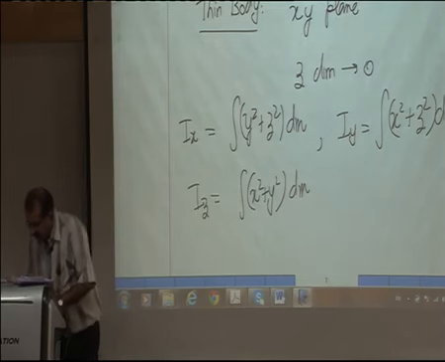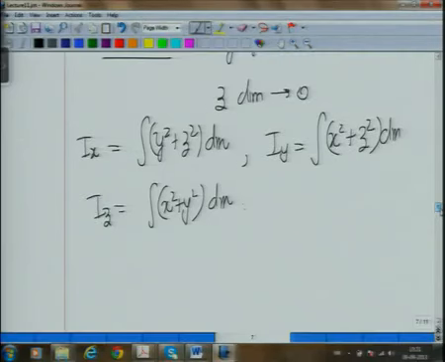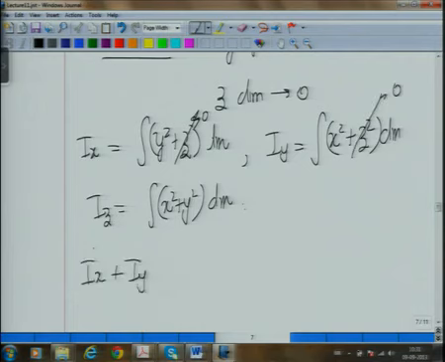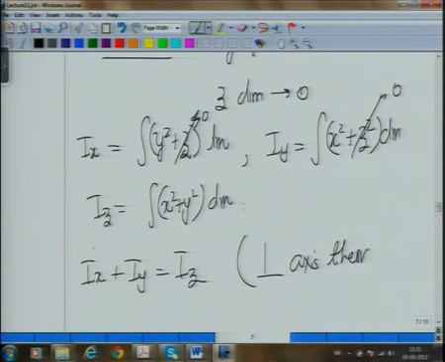So, now here this will go to 0, this will go to 0. So, we have Ix plus Iy, and this is what textbooks, at least in high school physics books, give as the perpendicular axis theorem.